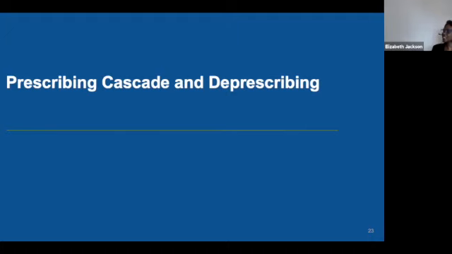Let's look closely at this case study to summarize the sequence of the prescriptions. In May, the patient got amlodipine because she had high blood pressure. After she took the amlodipine, she had peripheral edema.